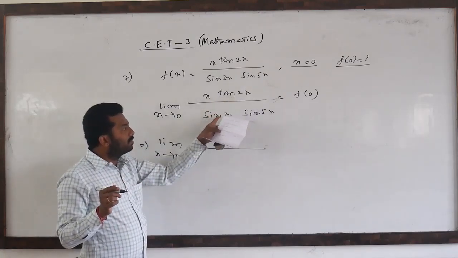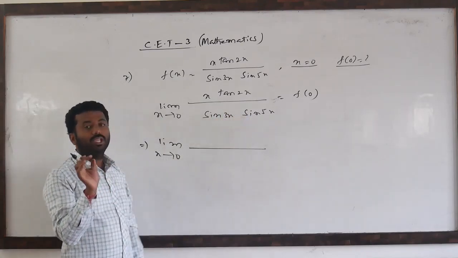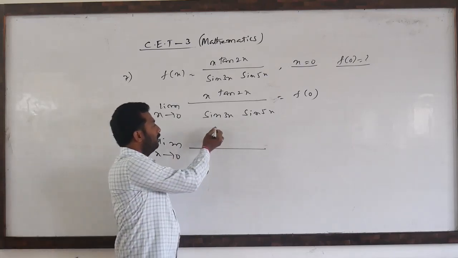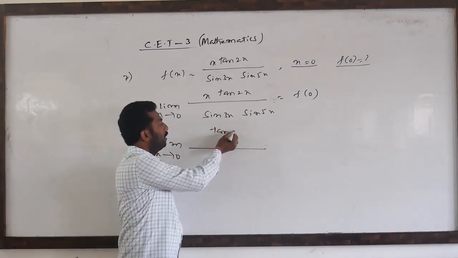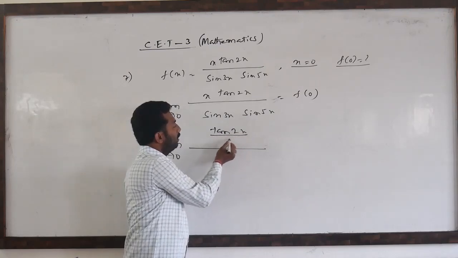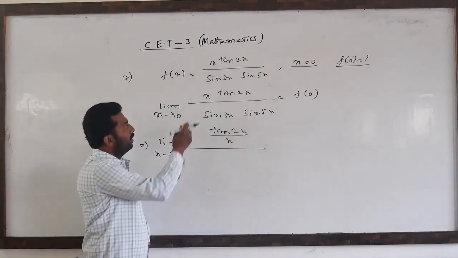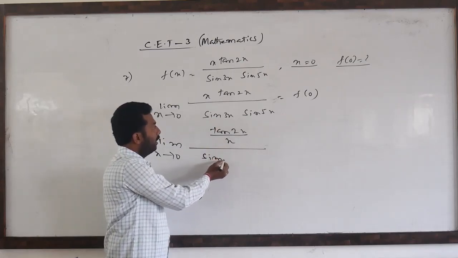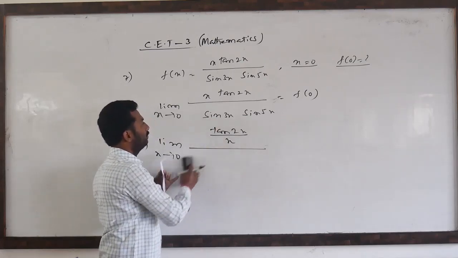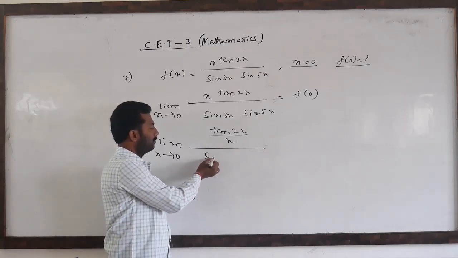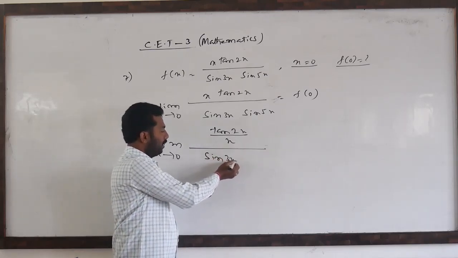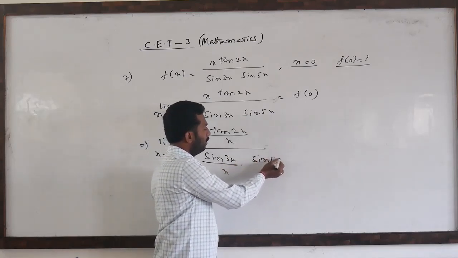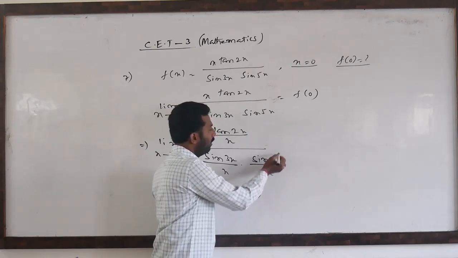So when tan terms and sin terms appear, try to make their denominator x. In the numerator, tan of 2x, I am writing it by x, and this x is in the denominator. In the denominator, sin of 3x by x and again sin of 5x by x.